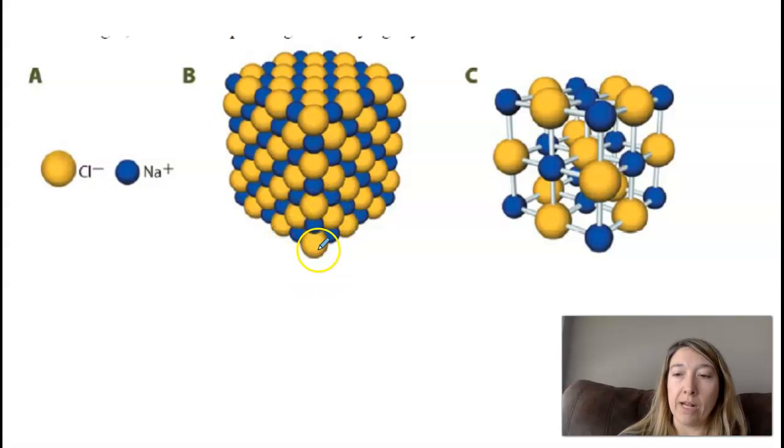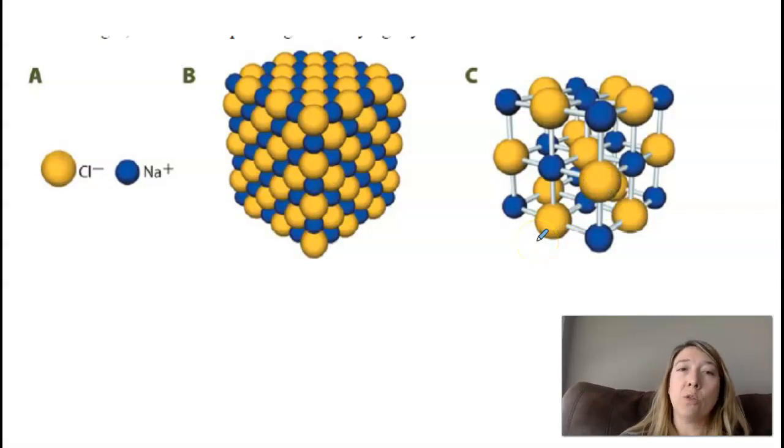And the reason for that, like we've talked about before, is we always have to have positive next to negative. We can't put two negatives next to each other or two positives next to each other, right? You can also look at this more ball and stick model, which kind of spreads it out a little more, makes it a little easier to see. But again, you can see that all of the negatives are surrounded by positives and the positives by negatives.